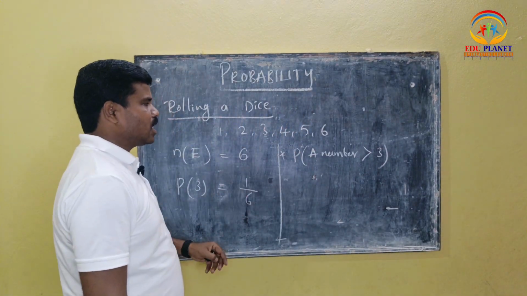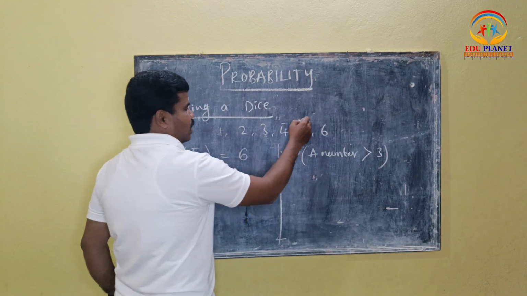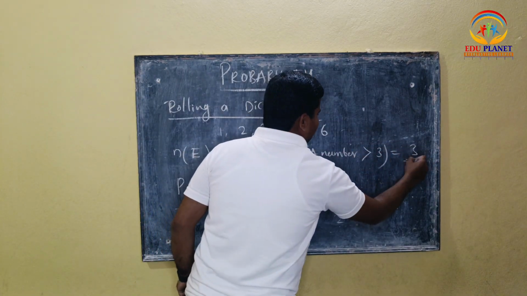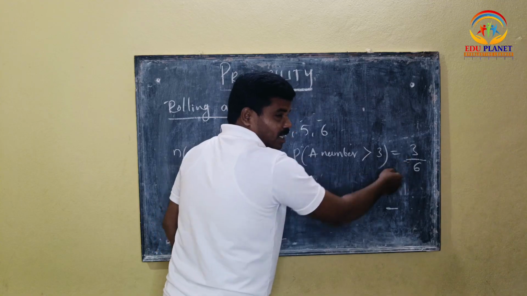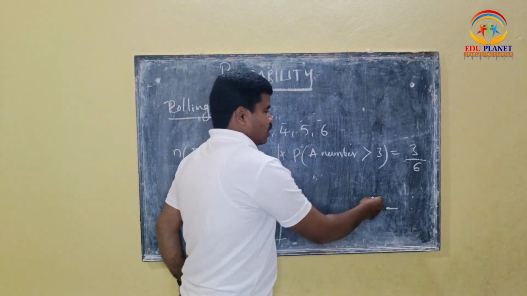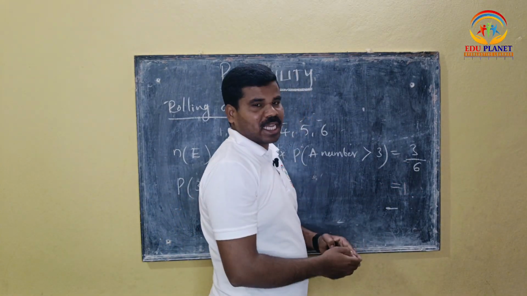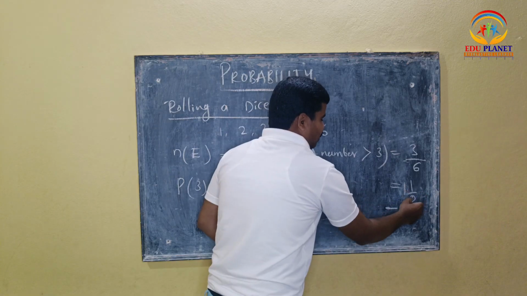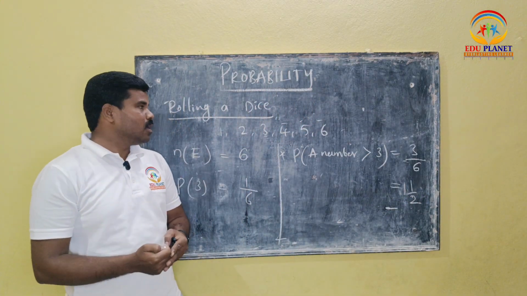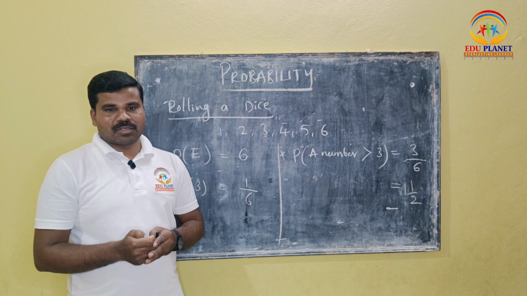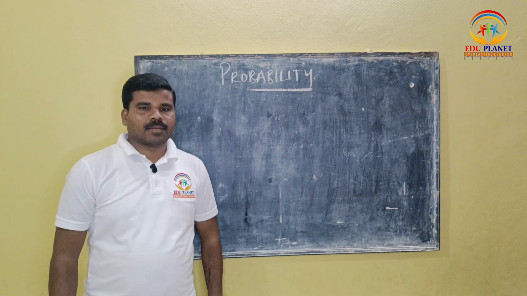See, greater than 3, how many numbers are there? 4, 5, 6. It means 3 out of 6. Number of favorable outcomes is 3 divided by total outcomes 6. 3 by 6. If I perform the calculation, it would be 1 upon 2. In this way, we can solve dice related problems in an easy manner.